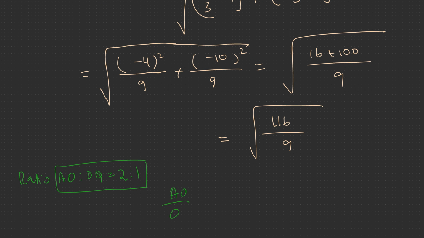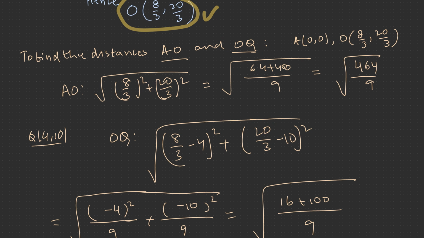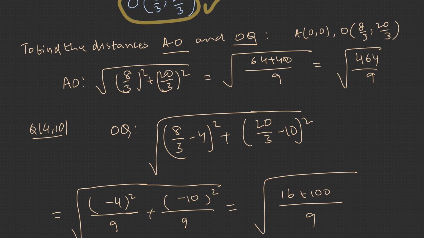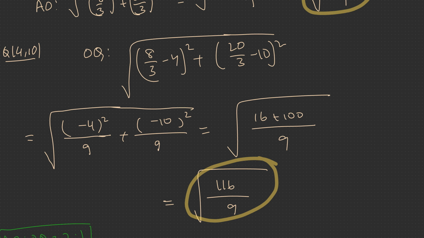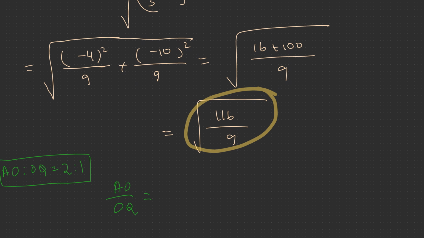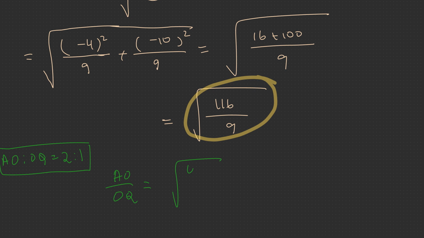AO over OQ is equal to, where is AO? So once more my highlighter. So that is AO and that is OQ. So AO over OQ is a square root of 464 over 9 divided by square root of 116 over 9.